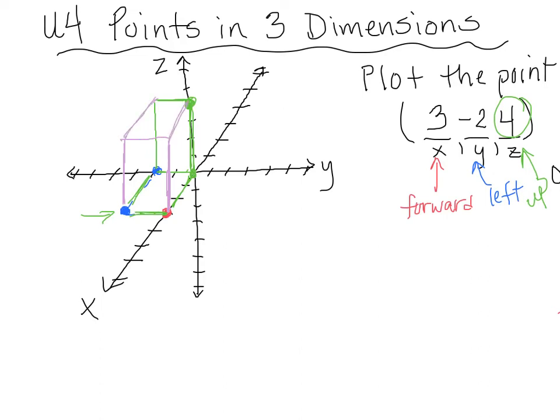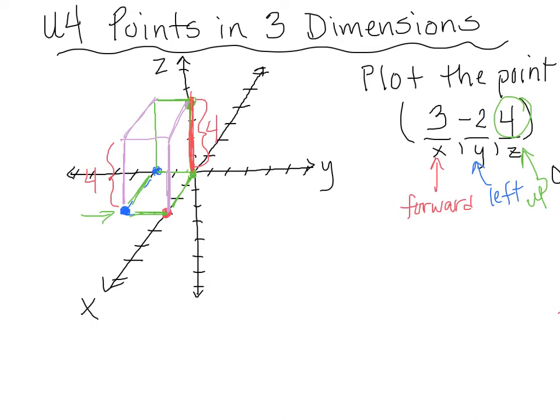See how I created this box, right? So you can see that the height of the box, this height right here, is a height of 4 because that's the height of this back corner as well. I made sure it went exactly up 4 units on the z-axis.